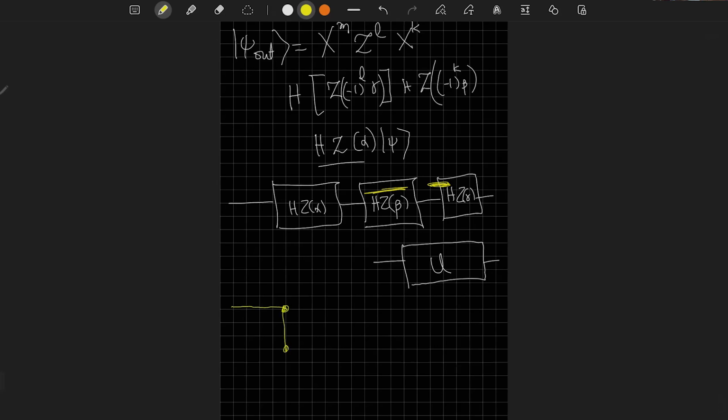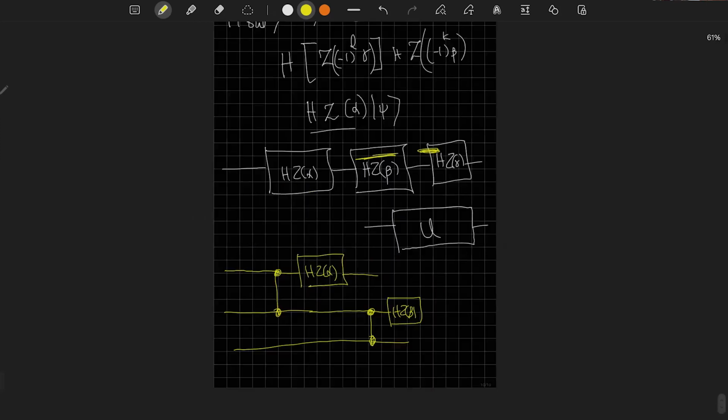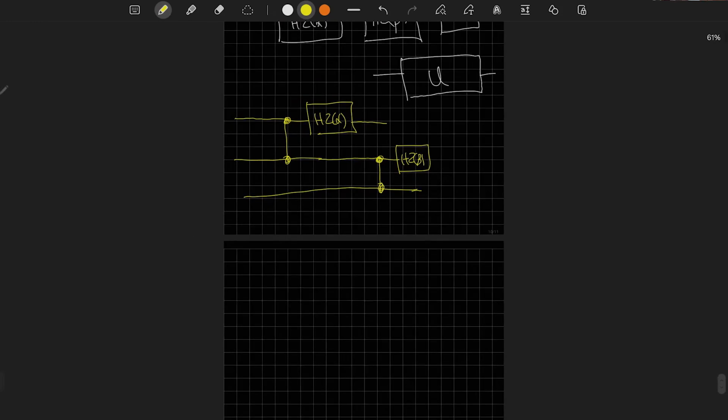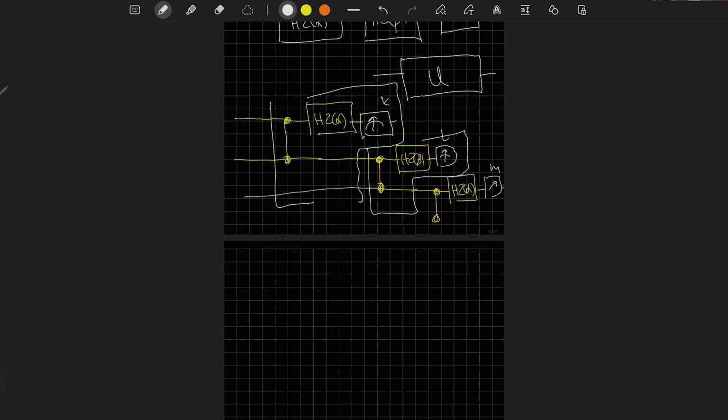So I have this step followed by this step followed by this step.